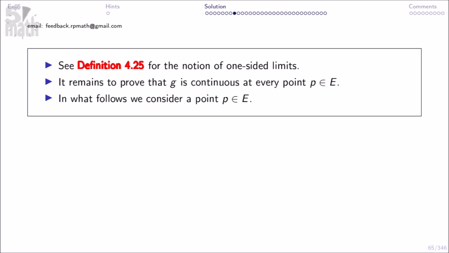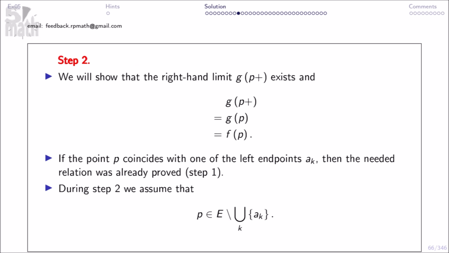In what follows, we consider a point p in E. Step 2. We will show that the right-hand limit g(p+) exists and the following. If the point p coincides with one of the left endpoints a_k, then the needed relation was already proved in Step 1.